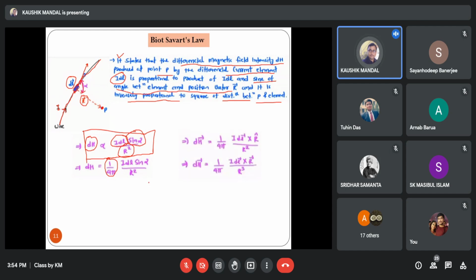Now, if you want to represent it in terms of vectors, on the left hand side we have included the vector sign.